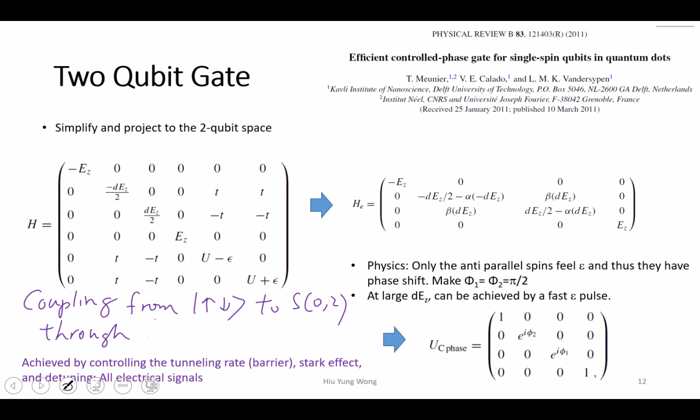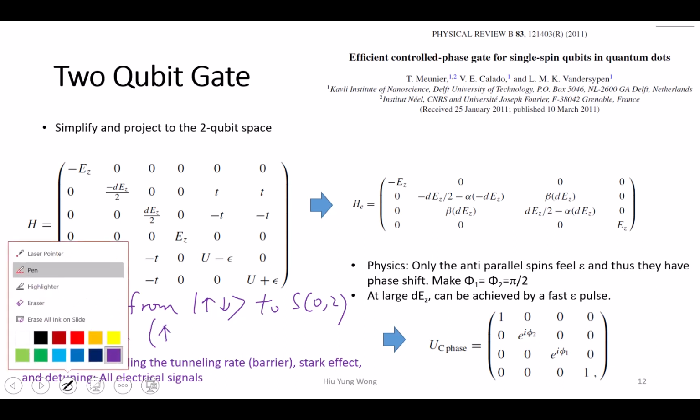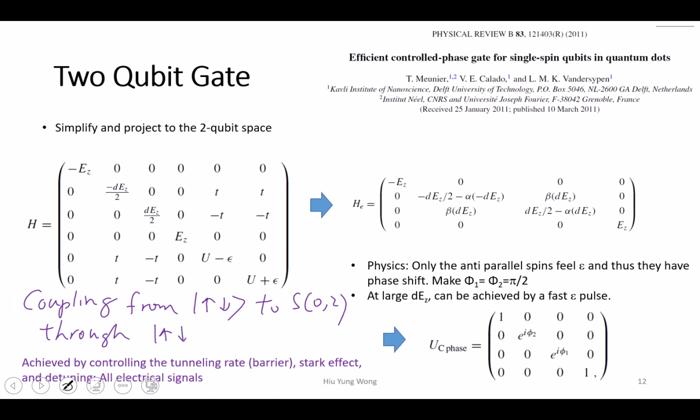This state. We are going too deep now. It's a superposition of this anti-parallel state, but still, this is in two electrons.